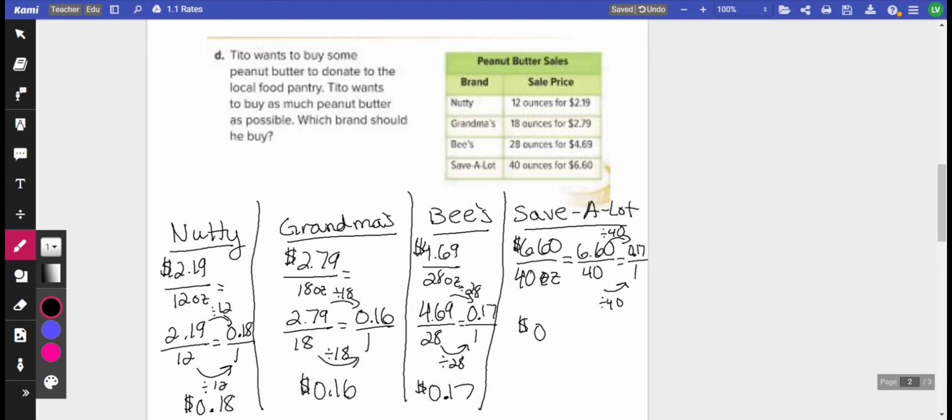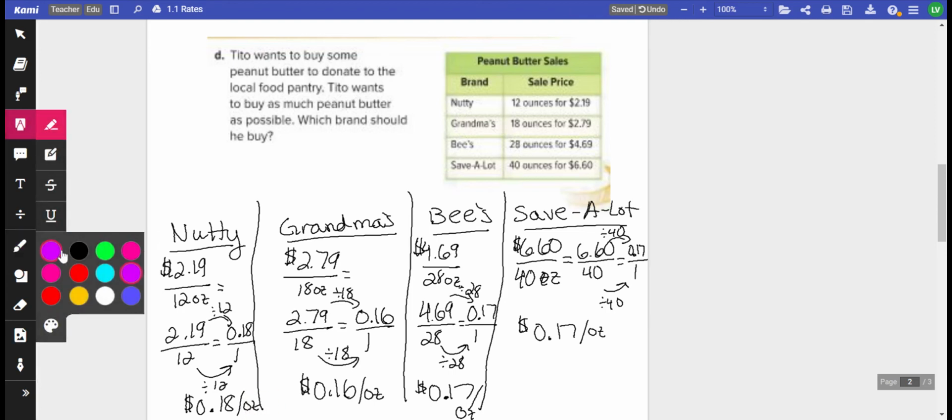So in this case, it's going to be 17 cents per ounce. So all of these, I should say, is per ounce. So out of all of them, Grandma's is the cheapest because it sells for 16 cents per ounce.